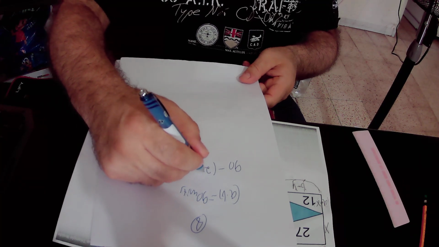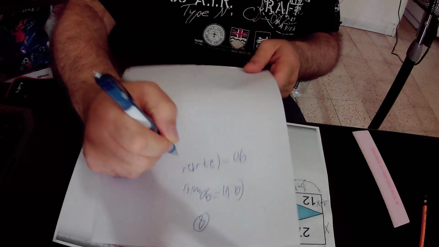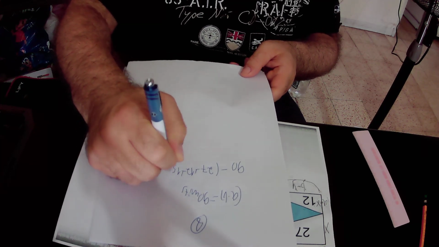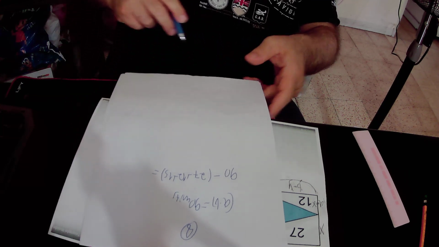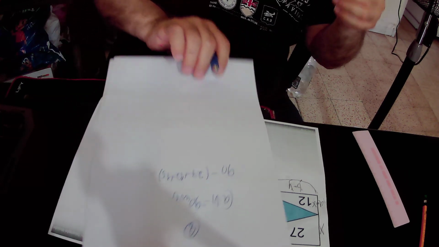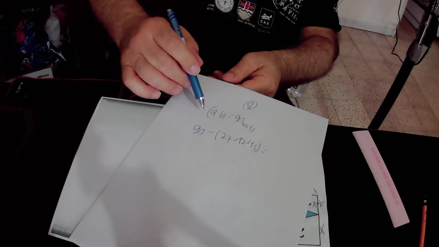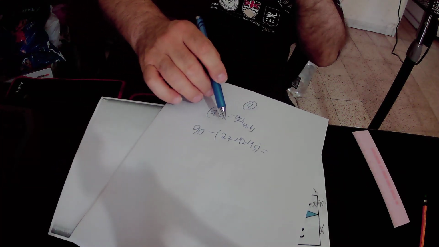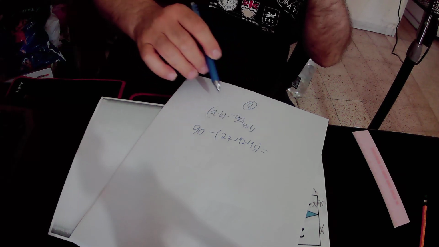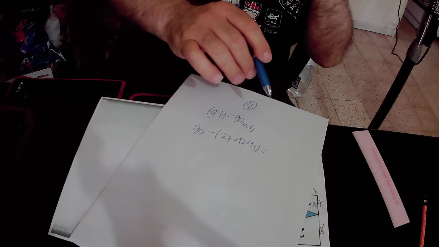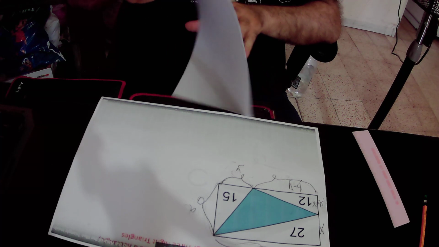So it is 27 plus 12 plus 15. Okay, so the area of the rectangle minus the sum of the areas of the right triangles will equal to the area of the blue triangle that we are looking for.